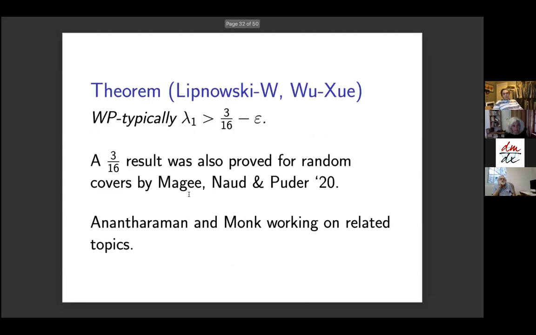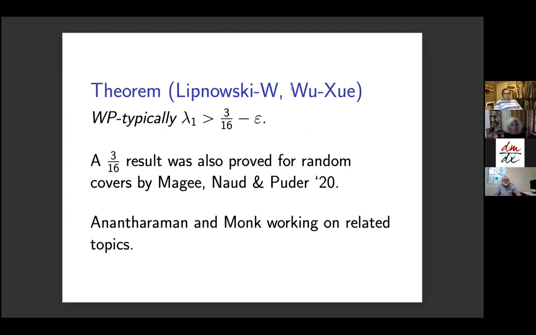And then my contribution to this, in joint work with Mirzakhani, was to show that Weil-Petersson typically lambda 1 is bigger than 3/16 minus epsilon. So again, the statement would say for all epsilon, the probability that lambda 1 is bigger than 3/16 minus epsilon goes to 1 as the genus goes to infinity.